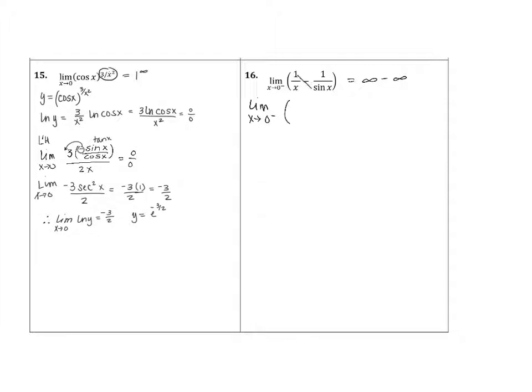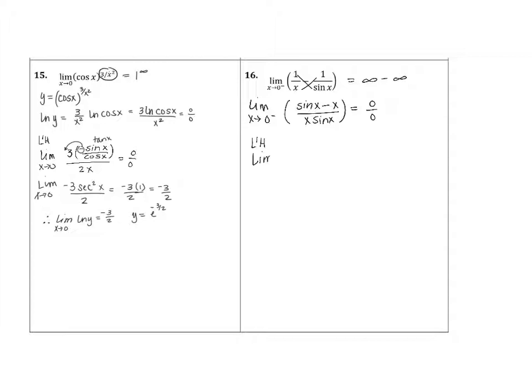And for this, we're going to say 1 times sine x minus x times 1 all over x sine x. And again, if we go through, we are going to get 0 over 0. So now let's do L'Hopital's rule.